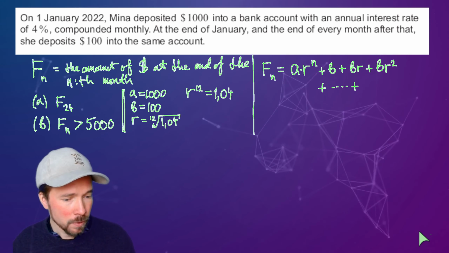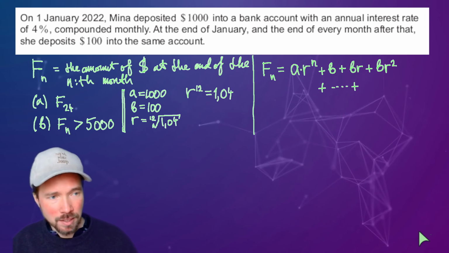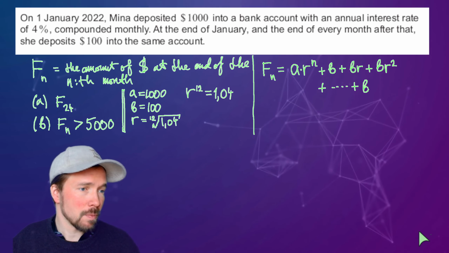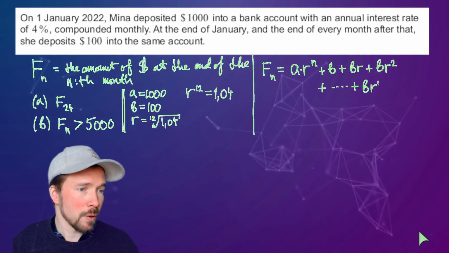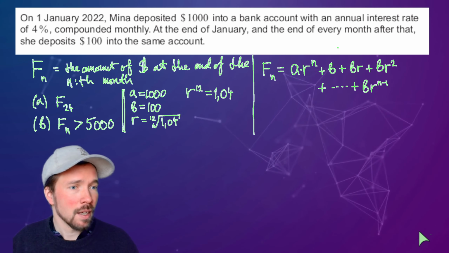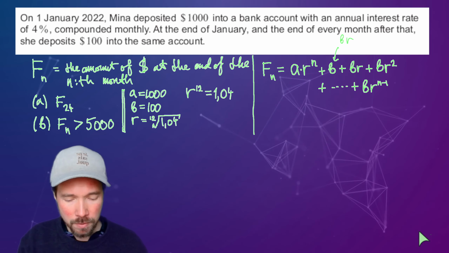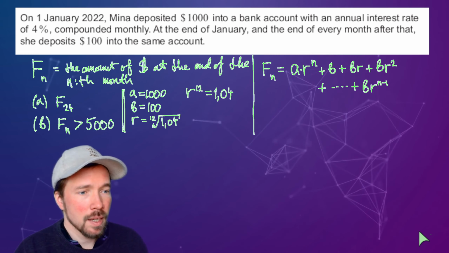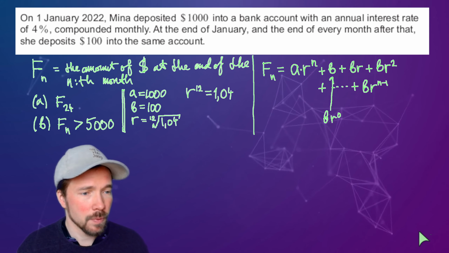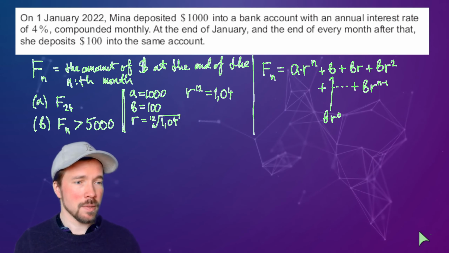So in total, by the end of nth month, we have made the addition n times. And so the last term is B times R to power n minus 1. We can think of this term as B R power 0. So this is how we see that there are n times this addition.